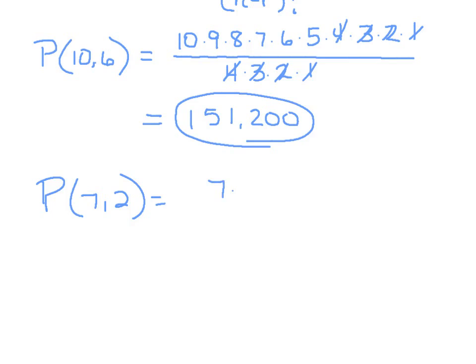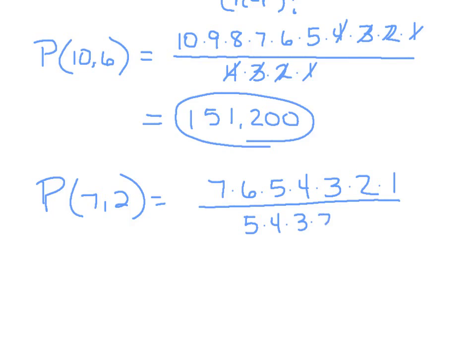That would be 7 times 6 times 5 times 4 times 3 times 2 times 1 over 7 minus 2, which is 5 factorial, 5 times 4 times 3 times 2 times 1. Notice again that all the common factors can be canceled, and 7 times 6 is 42. So there are 42 ways to arrange 2 items out of 7.